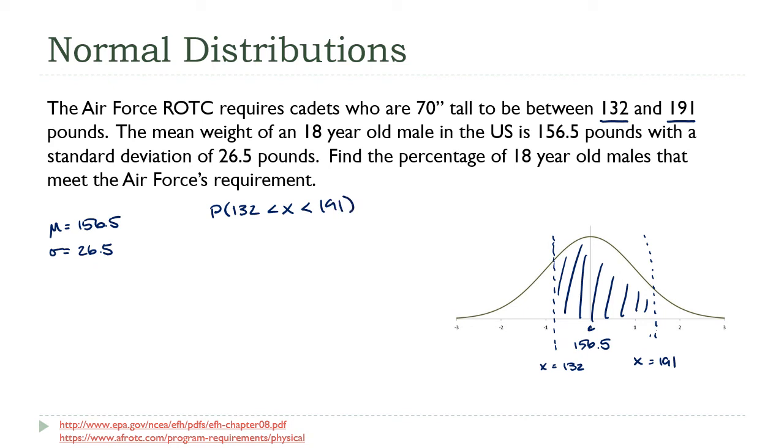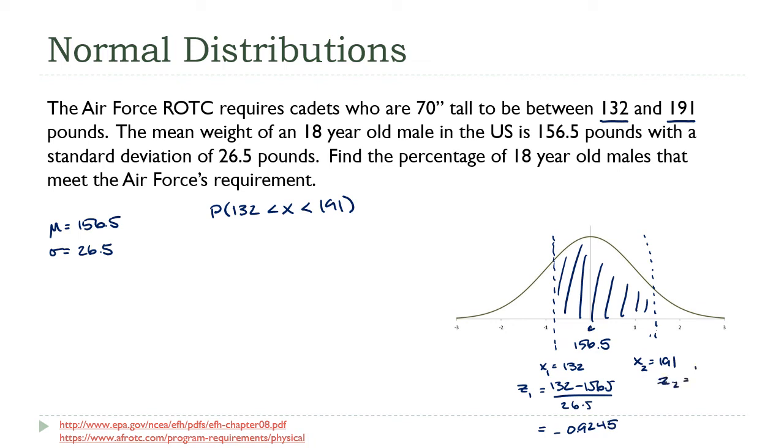And to do that, I need z-scores, right? So let me give these numbers names. Let's call this x1 and x2. So this will be z1, that's 132 minus 156.5 over 26.5, which is negative 0.9245. And I'll do it again over here.